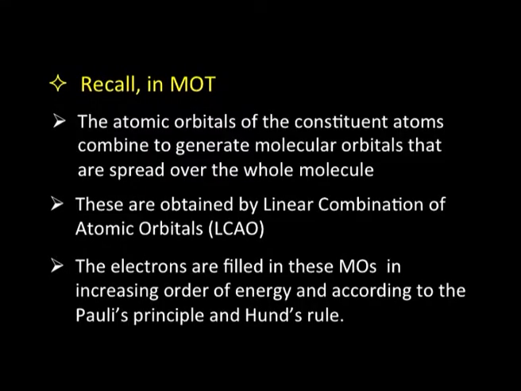That means there are two atoms, say atom A and B, and they have certain valence electrons with them. So, we pool those valence electrons and distribute them amongst these molecular orbitals in the order of increasing energies, and in the process we ensure that Pauli's principle and Hund's rule are adhered to. So, that is the basic approach of our molecular orbital theory.